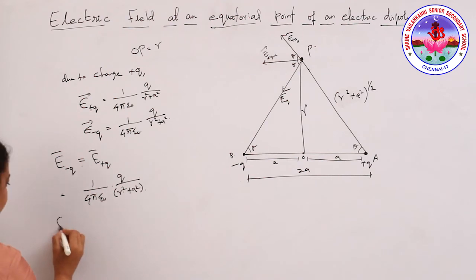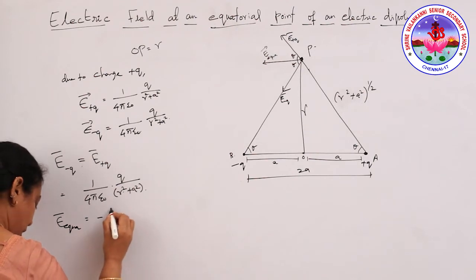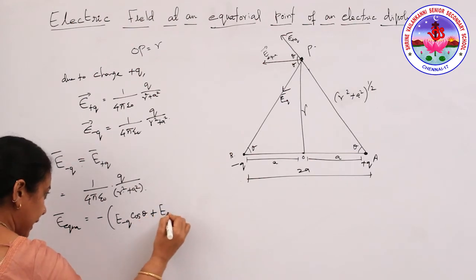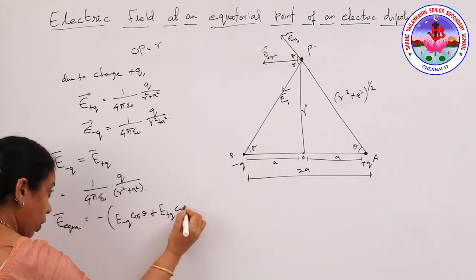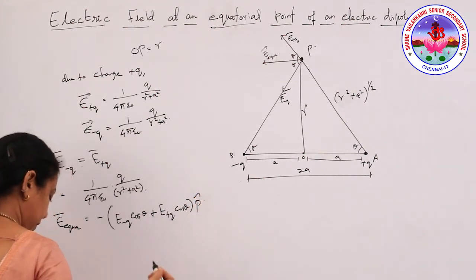So, you can take E equatorial, which is equal to minus of E minus Q cos theta plus E plus Q cos theta, into P vector, right.